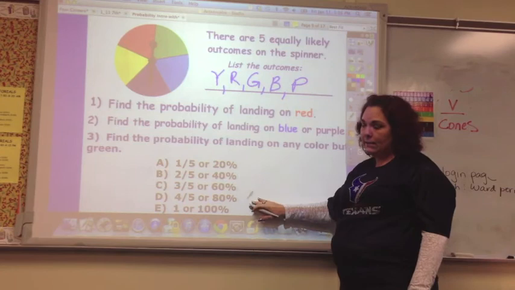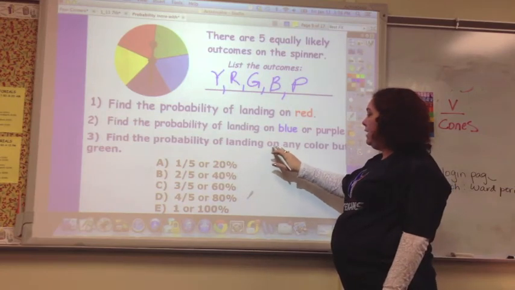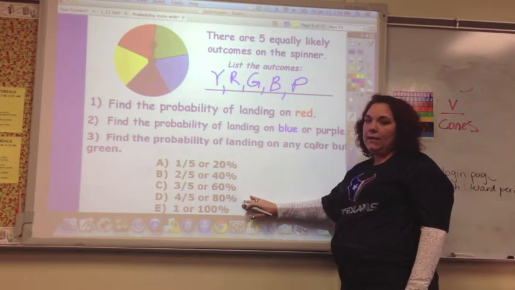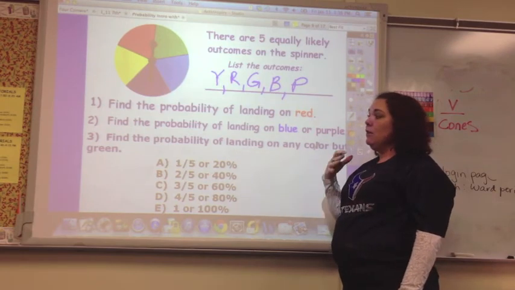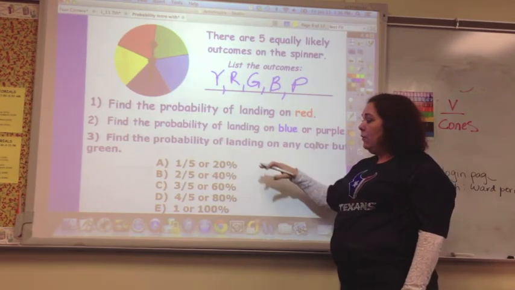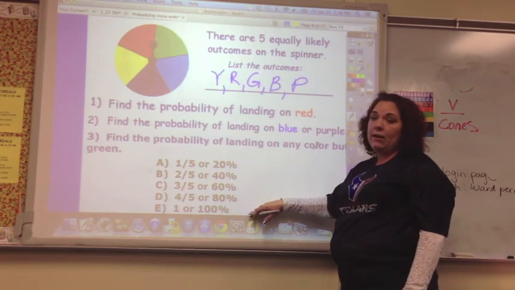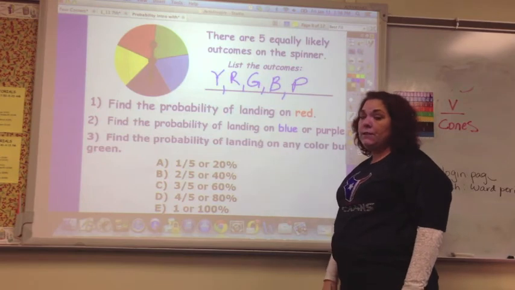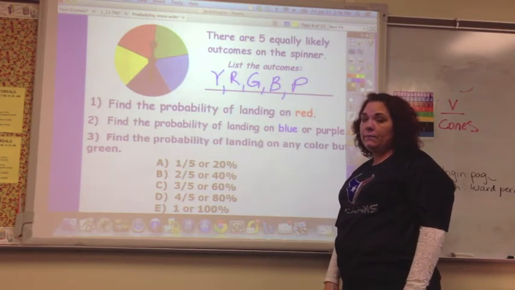Pick one of these. Find the probability of landing on any color but green. Pick one of these. So pause. You're answering 3 different questions with either A, B, C, D, or E. This one, this one, this one. So pause so that you can do this.